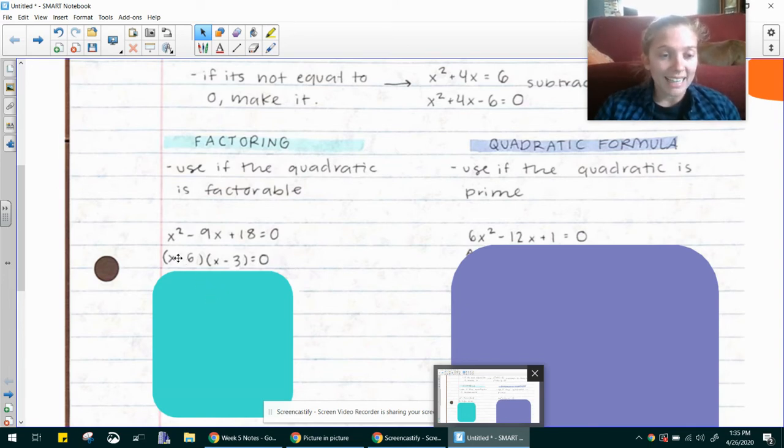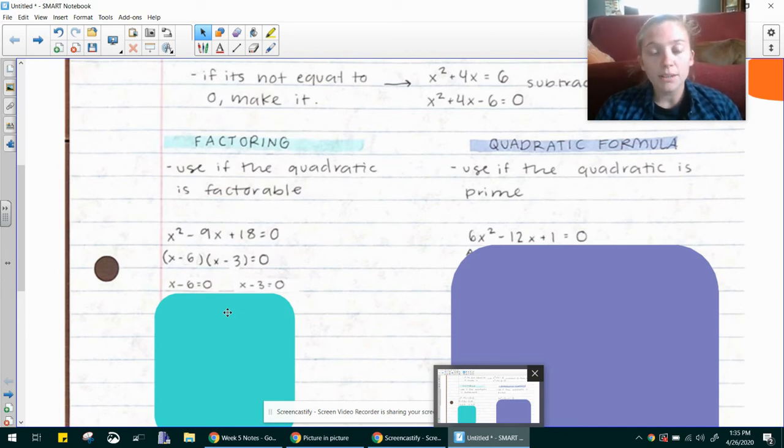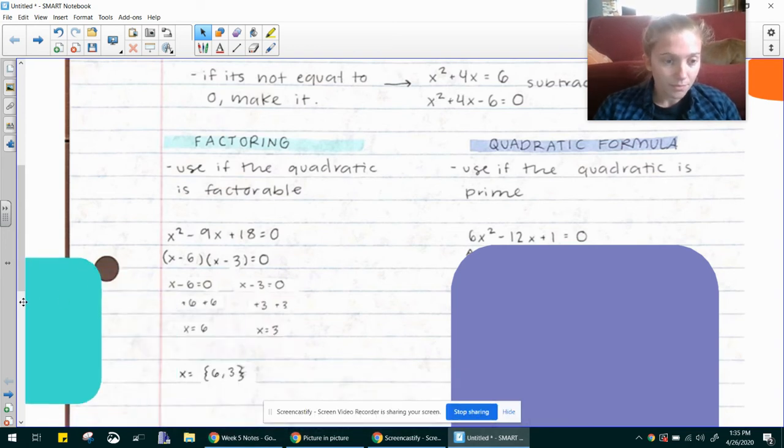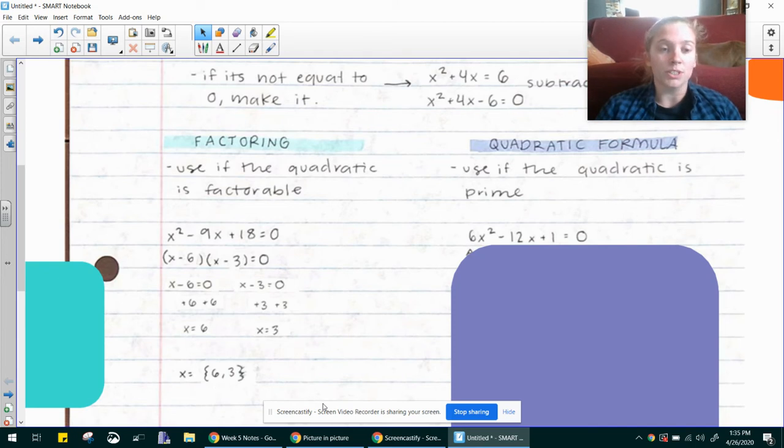Then we can set each binomial equal to 0 using the zero product property, which says that if the answer to a multiplication problem is 0, at least one of the factors must also be equal to 0. x minus 6 equals 0 and x minus 3 equals 0. Add 6 on both sides and add 3 on both sides, and we get x equals 6 and x equals 3.